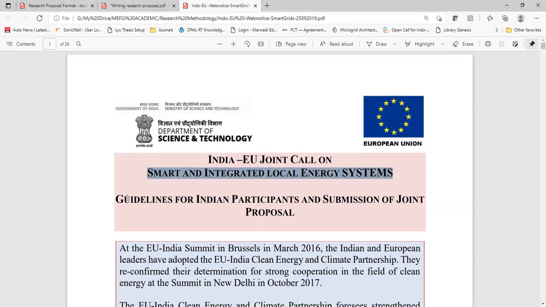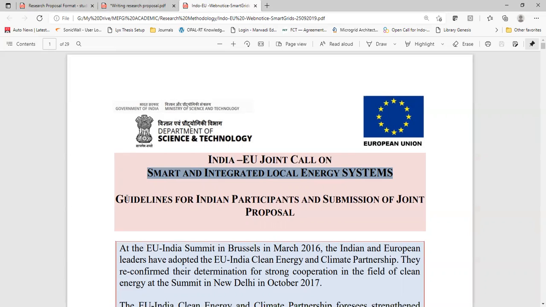Now, in this proposal, they will expect you to submit a proposal related to local energy systems, and that too an integrated and smart local energy system. And the second requirement is that it's a joint call.